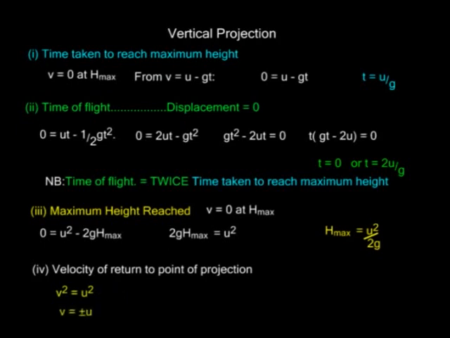Therefore, v is equal to plus or minus u. Plus u is the velocity of projection, while minus u is the velocity of the body falling back. The projectile hits the point of projection with a velocity equal in magnitude but opposite in direction to the one with which it was projected.